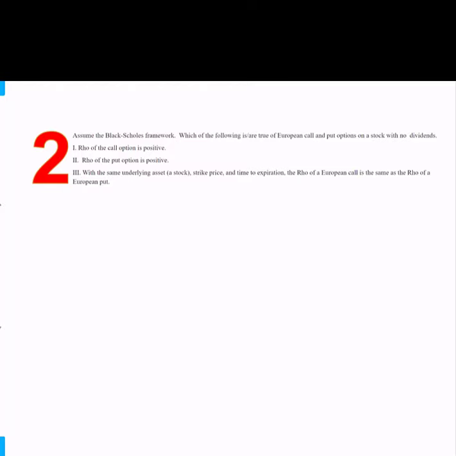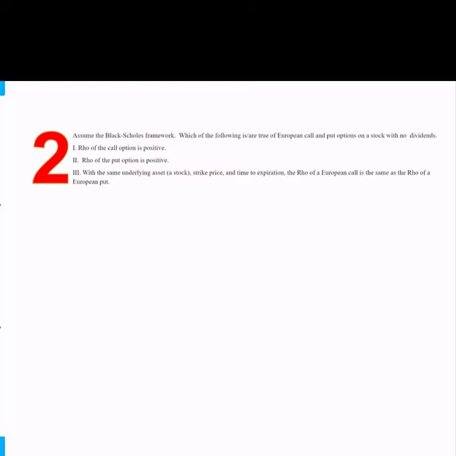So we have to read these statements and decide whether they are true or false. Okay. The first one, and don't forget this, these statements are based on European call and put options on a stock with no dividends. Okay, no dividend.